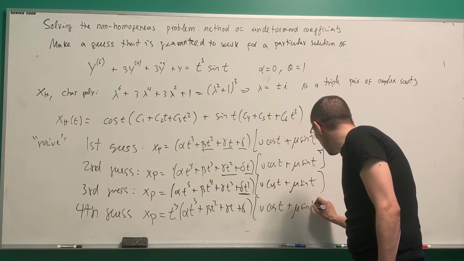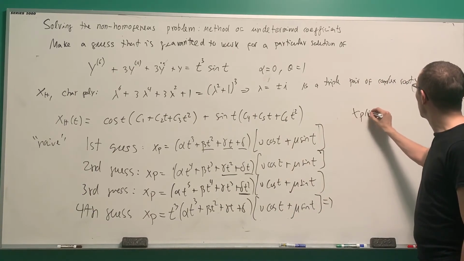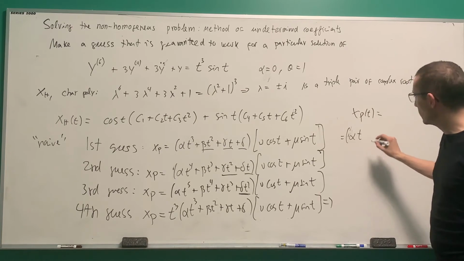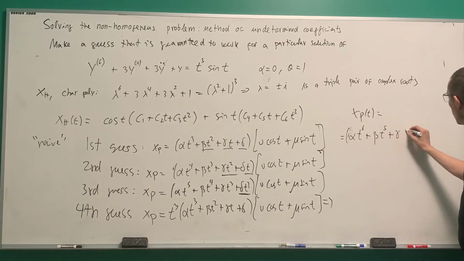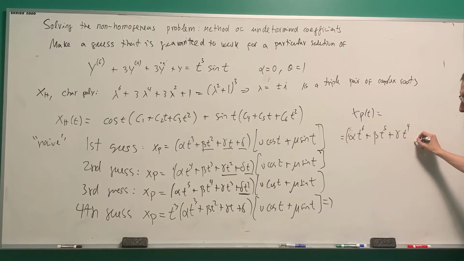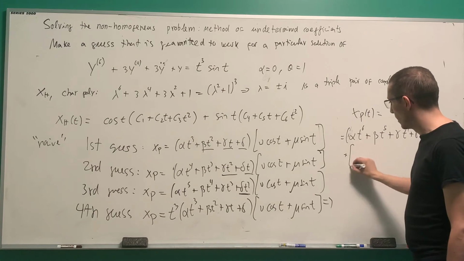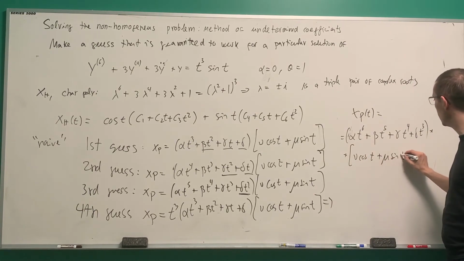mu sine t. Okay, so the good guess for the particular solution, let's just write it together: alpha t to the 6 plus beta t to the 5 plus gamma t to the 4 plus delta t cubed, and that multiplies nu cosine t plus mu sine t.